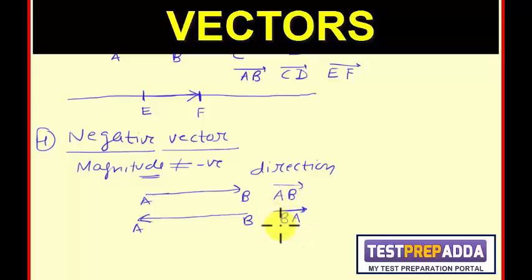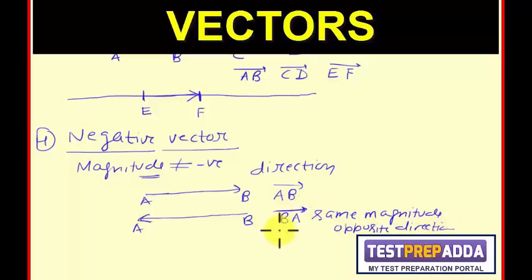So this vector BA is having same magnitude, but the direction is opposite direction.